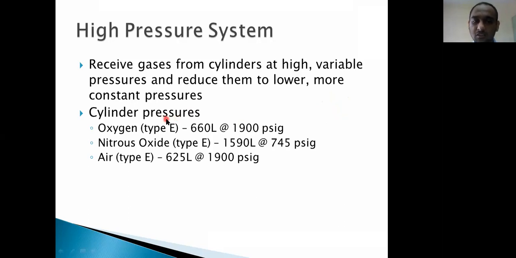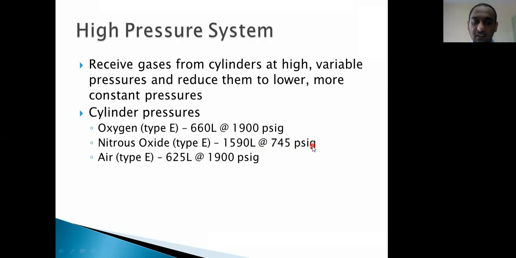So cylinder pressures of the commonly used cylinders, that is the type E oxygen cylinder, which contains 660 liters of oxygen and is pressurized at 1900 pounds per square inch. The nitrous oxide type E cylinder contains 1590 liters of the gas, and it is pressurized at 745 pounds per square inch.